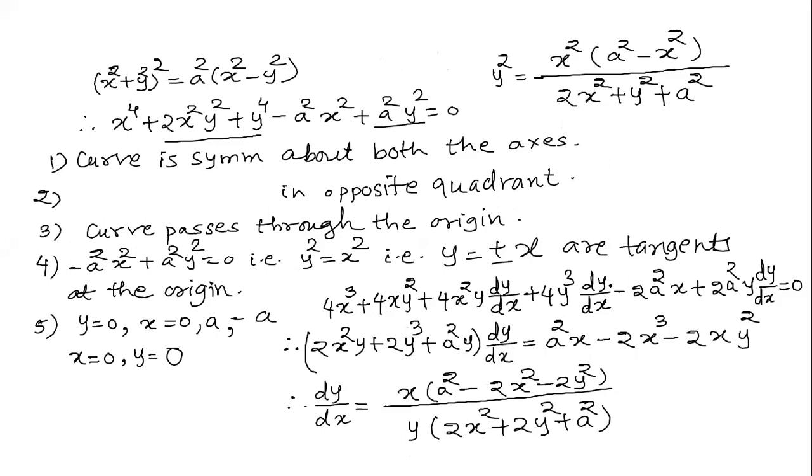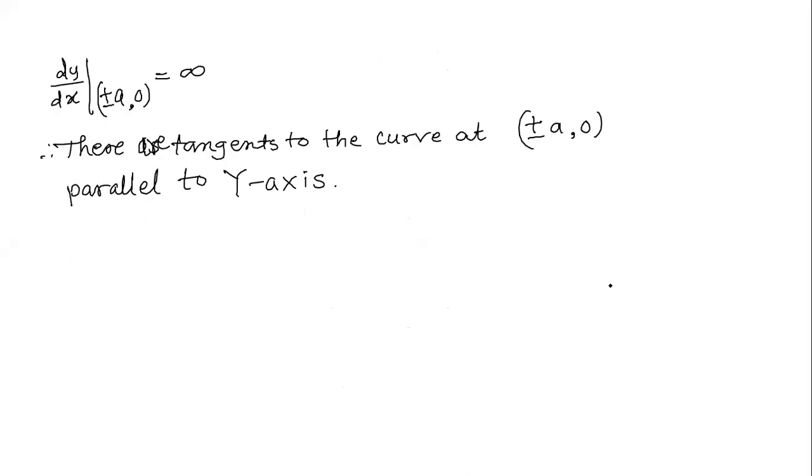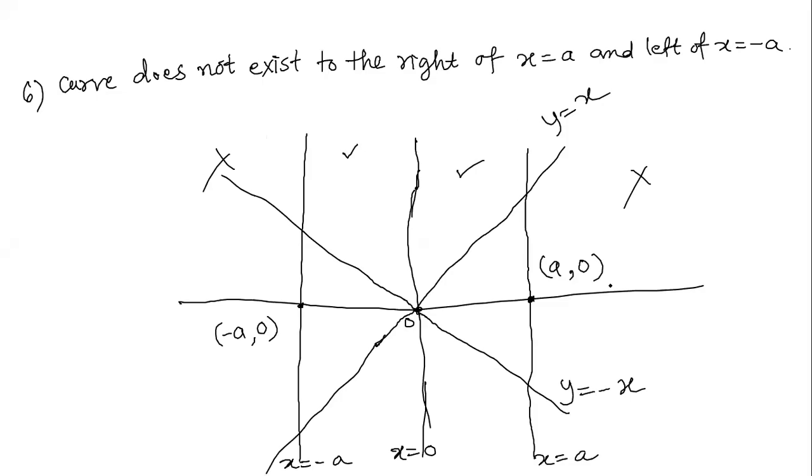yes, we have said here somewhere dy by dx आपण मेन्शन केलं होतं ना, as here there are tangents to the curve at a0 parallel to y axis. ठीक आहे, सो सेकंड कंडिशन काय होती, ओरिजिनला टँजंट असला पाहिजे आणि a0 ला पण टँजंट असला पाहिजे. सेकंड कंडिशन सॅटिस्फाय झाली.